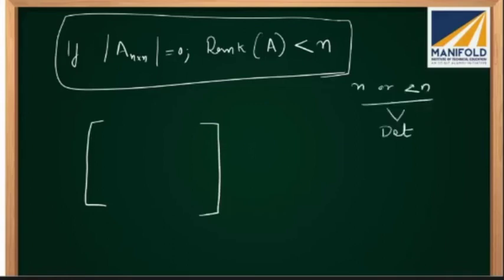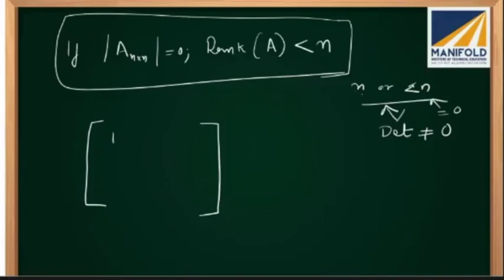You take the determinant. If it is not equal to 0, then the rank is n. If it is equal to 0, then the rank is less than n. But if it is less than n, how to evaluate the rank of a matrix? That is the process which I am going to tell you now.